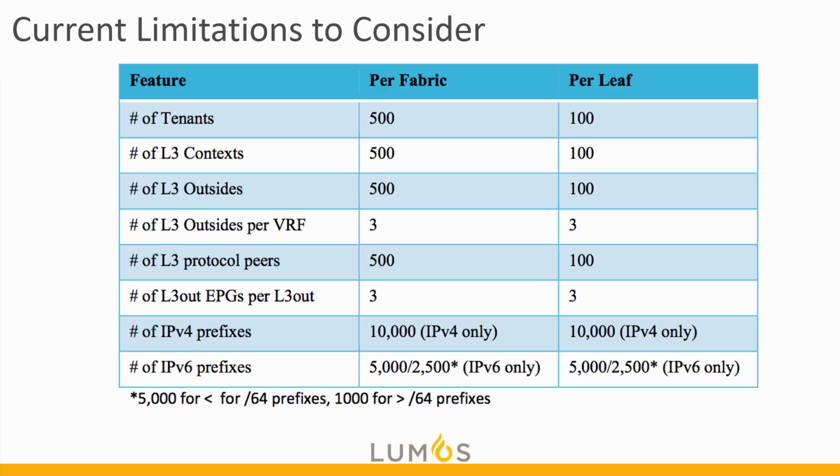Also note the number of IPv4 prefixes. We can only have 10,000 either per leaf or fabric wide. So this is a current limitation. Do keep in mind this does preclude us from having the entire internet BGP routing table of roughly 580,000 or 600,000 prefixes, obviously.